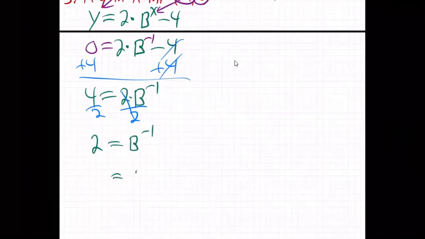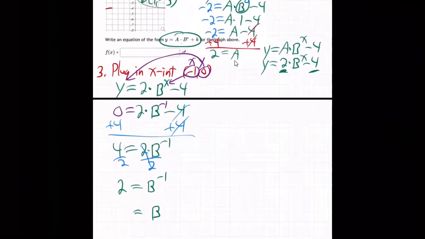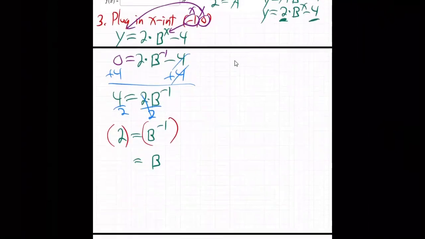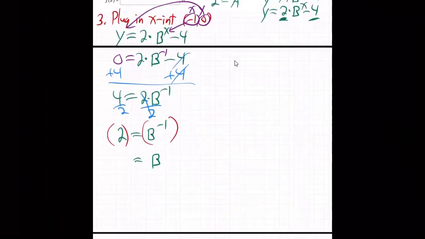Now we want to turn that into normal b, right? I'm trying to solve for normal b. Well, how do you do that? You're going to have to raise both sides to some power that'll make this down here be normal b.